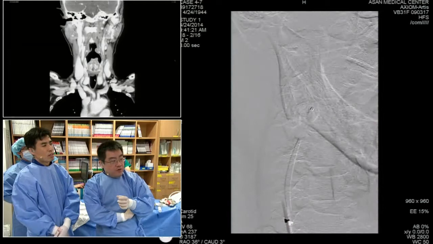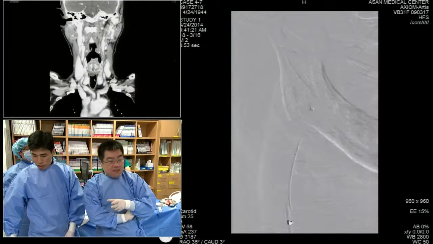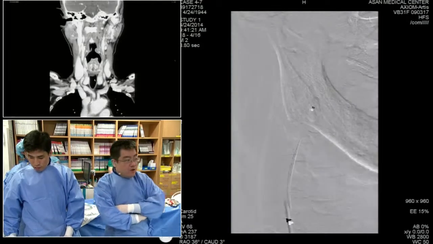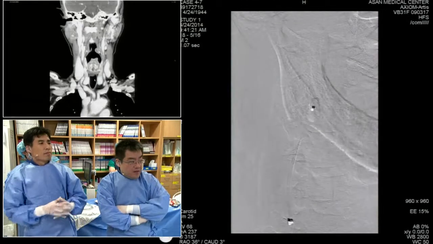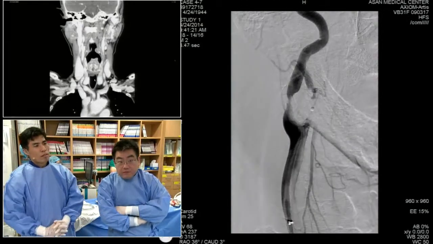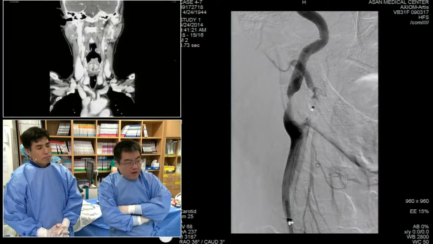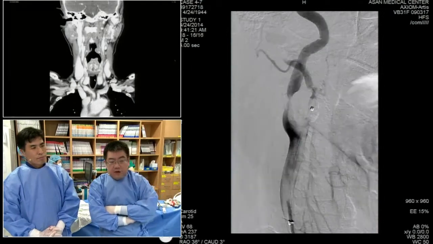We have tried to pull this system back, but then if the system is pulled back, once we inflate the ECA balloon, it will tend to fall back into the bifurcation area. So we had to park our distal balloon here. And then, do you think the patient is at risk having that branch open, or do you think that's acceptable? Well, I think we are running a bit of risk of having an embolization from the superior thyroid.